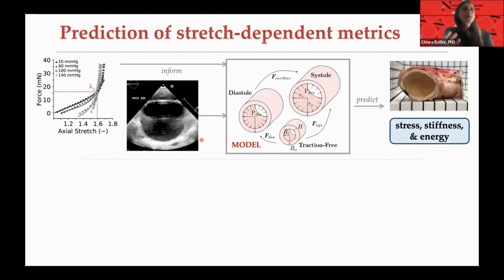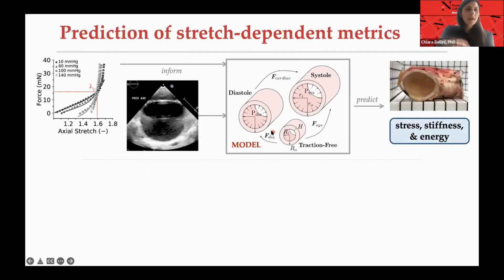While this comparison provided a general idea on how biaxial mechanics changes with the region, thoracic aortic disease, and age, they're mostly qualitative in nature. And so, as I mentioned at the beginning of the talk, the mechanical metrics of stress, stiffness, and energy depend both on the stretch that the tissue experiences in the axial and circumferential directions.